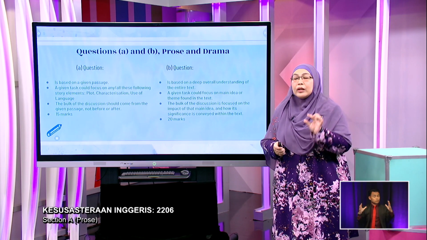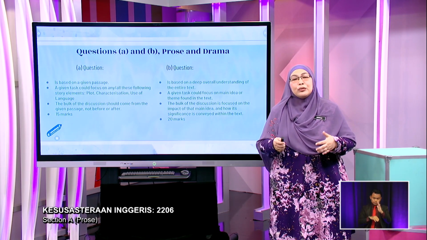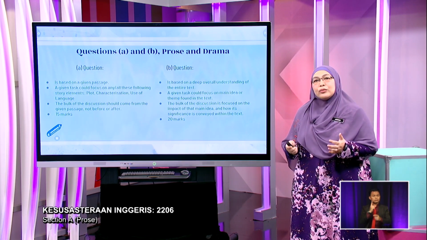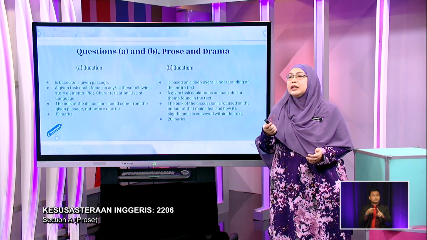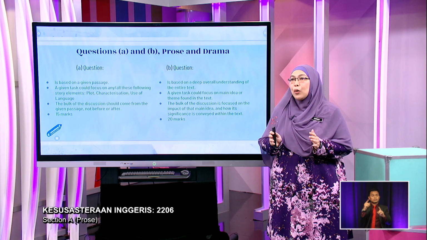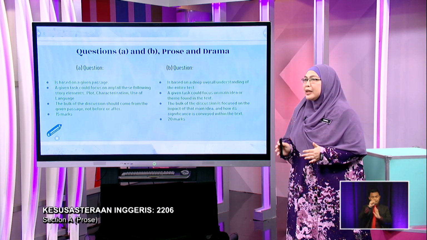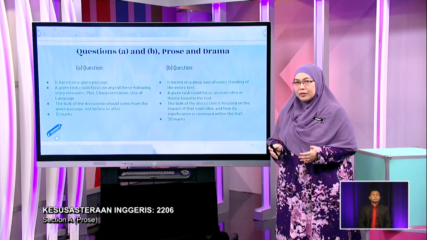But that should only be minimal. You will not be able to do very well if the bulk of your answer is actually going to come from somewhere else and not come from the given passage. That's your A question.